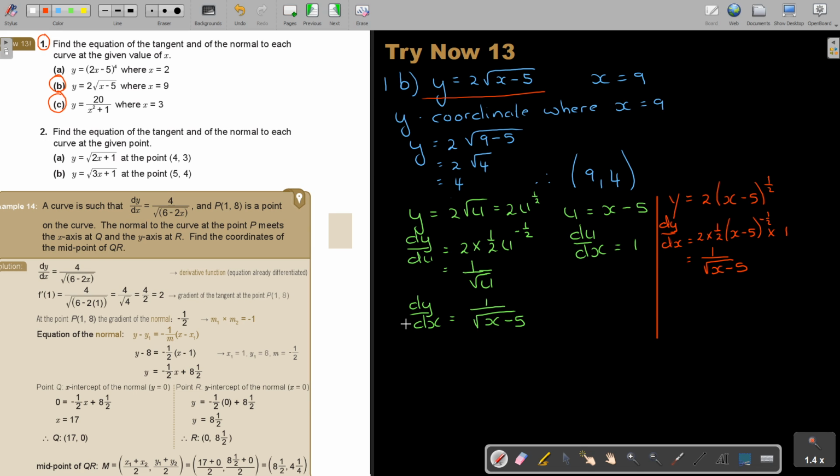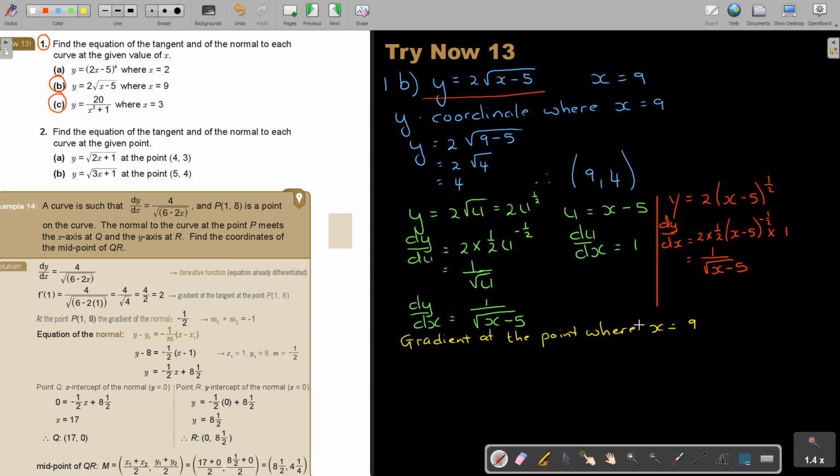Okay, now as soon as I'm here, I want to find the gradient at the point where x is 9.